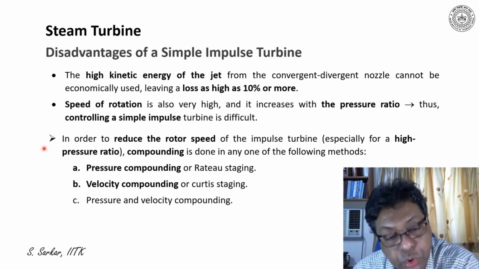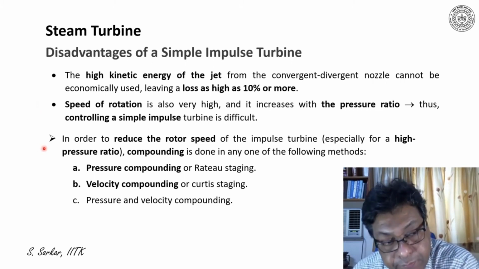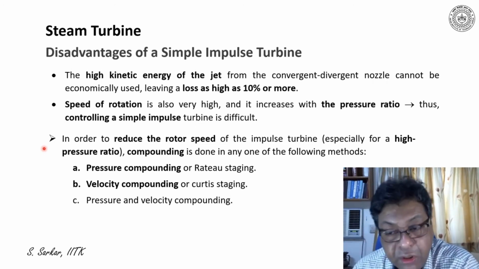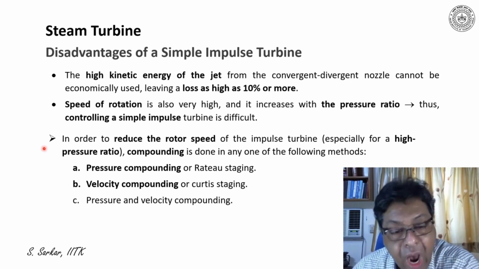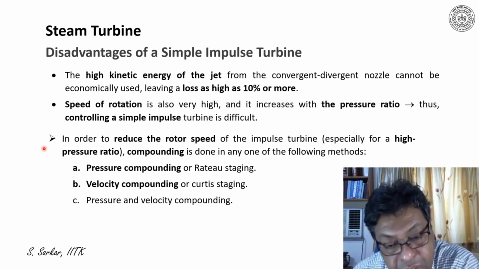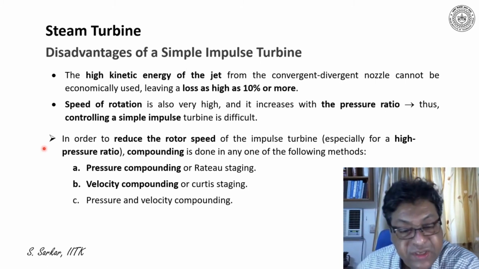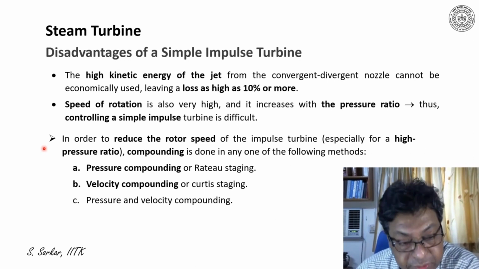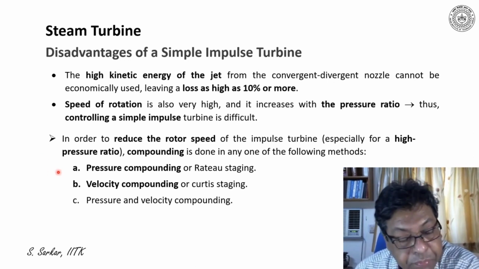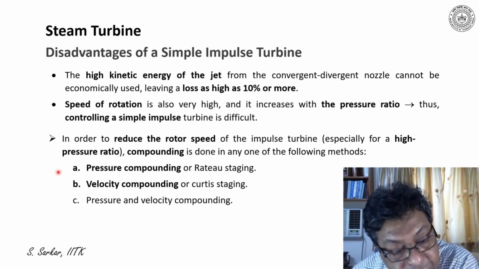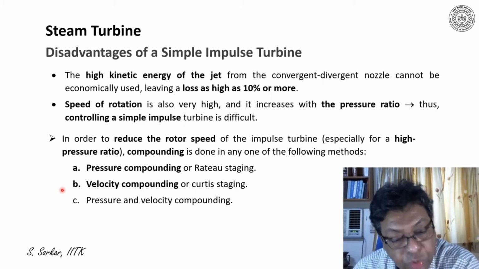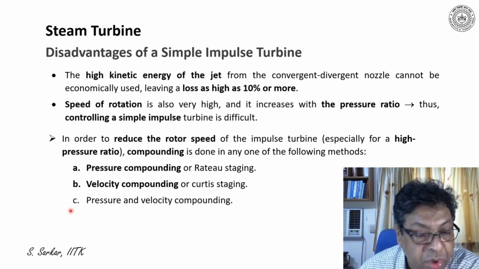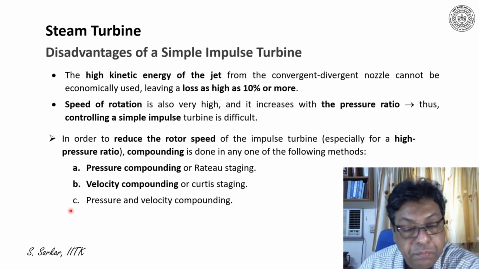In order to reduce the rotational speed of the simple impulse turbine, particularly for a high pressure ratio, compounding or multistaging needs to be done in one of the following ways: first, pressure compounding; second, velocity compounding; or a combination of pressure and velocity compounding.